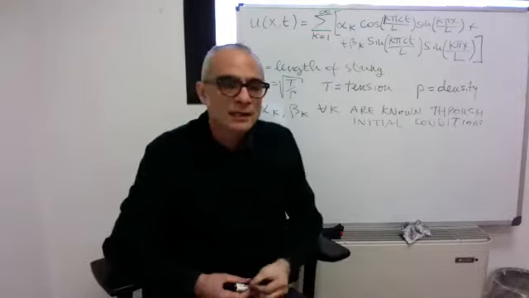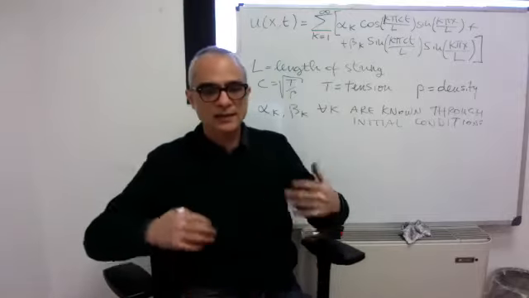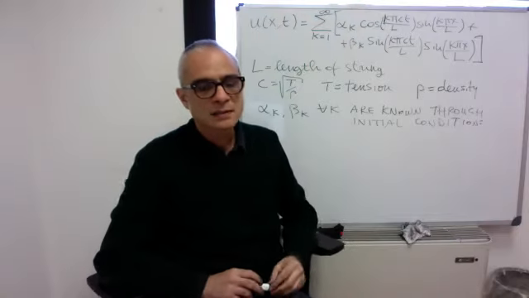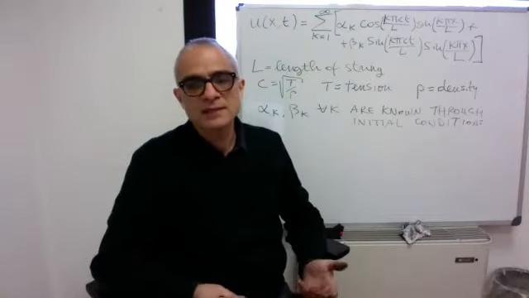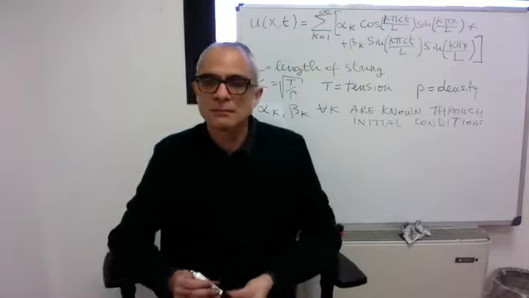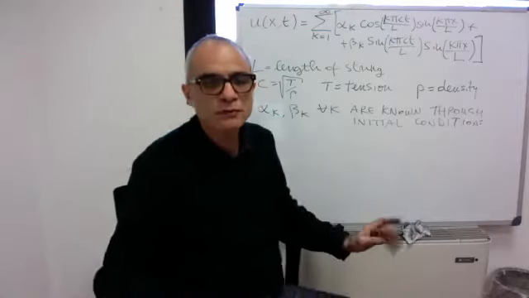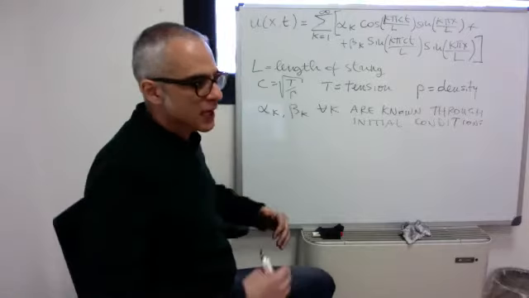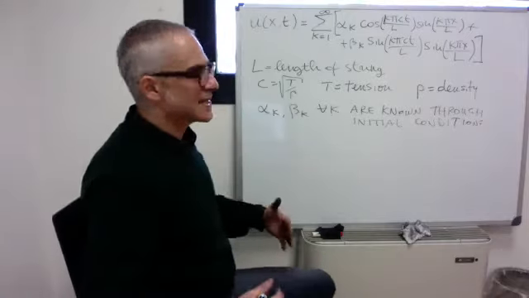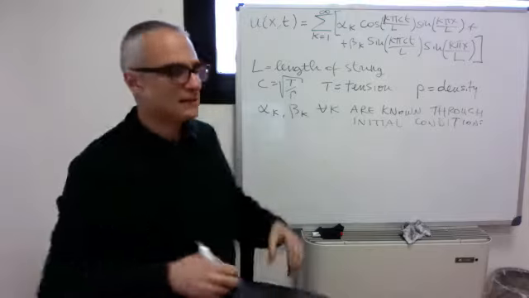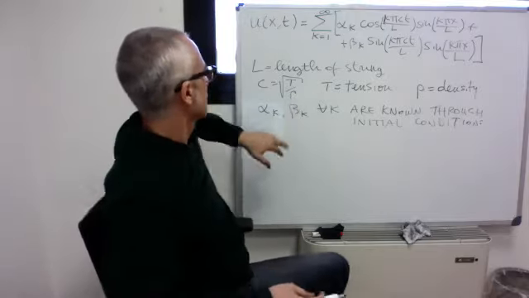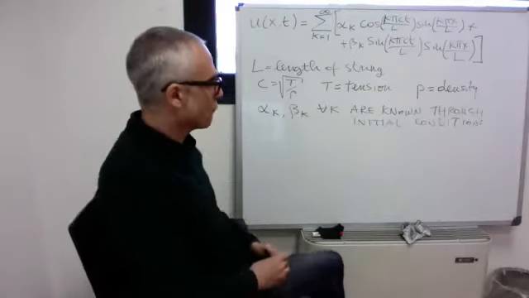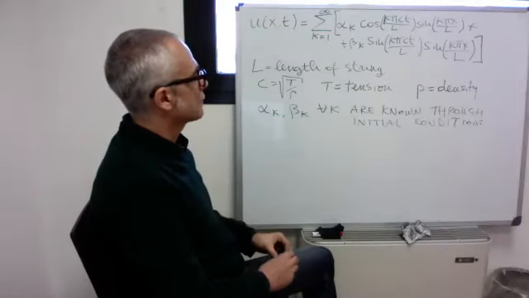That might be hard to make happen in practice on a guitar string, but physically it's something that can perfectly happen. We proved that it's perfectly possible. So let's assume that we have a way of exciting our string in such a way that all the alpha k's are 0 except for the first one.